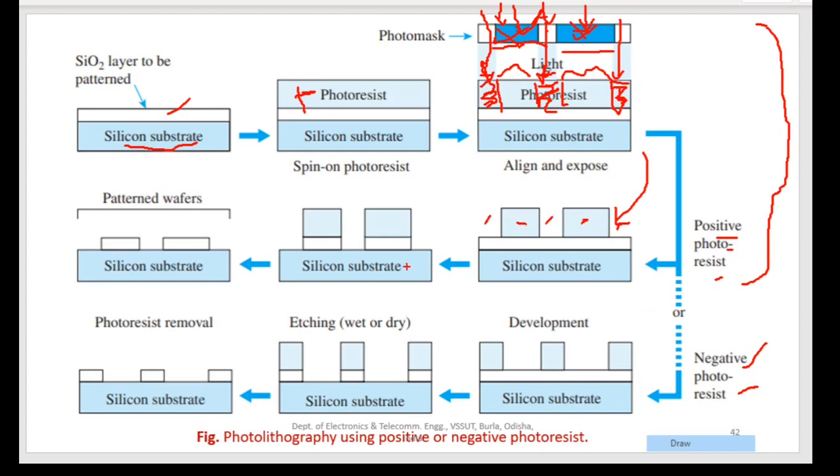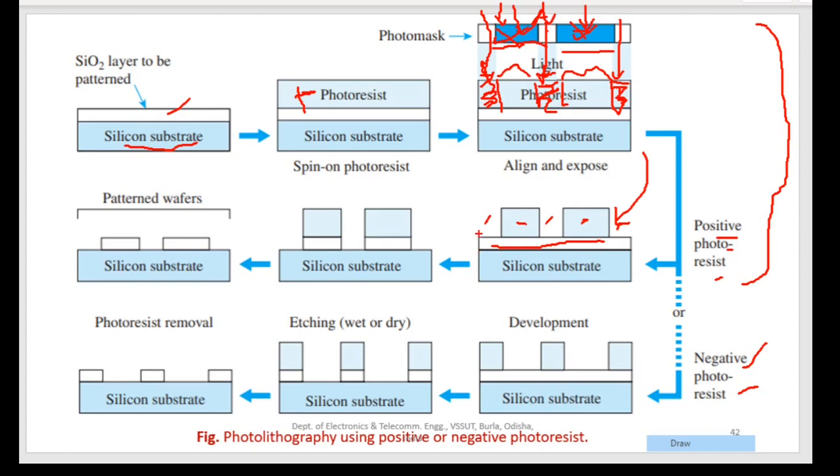Now after this, we still have this SiO2 layer sitting on the top of the silicon substrate. Now the thing is, we need to pattern this SiO2 layer. Our aim is not to pattern the photoresist layer, although it is a middle step, but the final aim is to pattern the SiO2 layer, right?